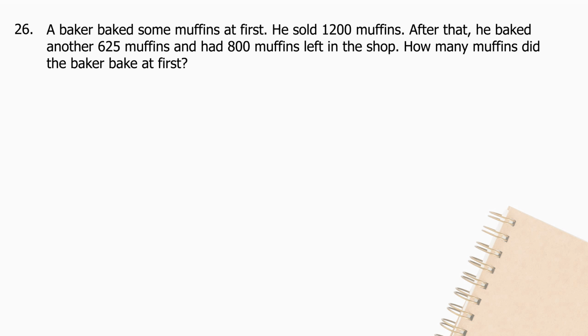Question 26. A baker baked some muffins at first. He sold 1,200 muffins. After that, he baked another 625 muffins, and had 800 muffins left in the shop. How many muffins did the baker bake at first?